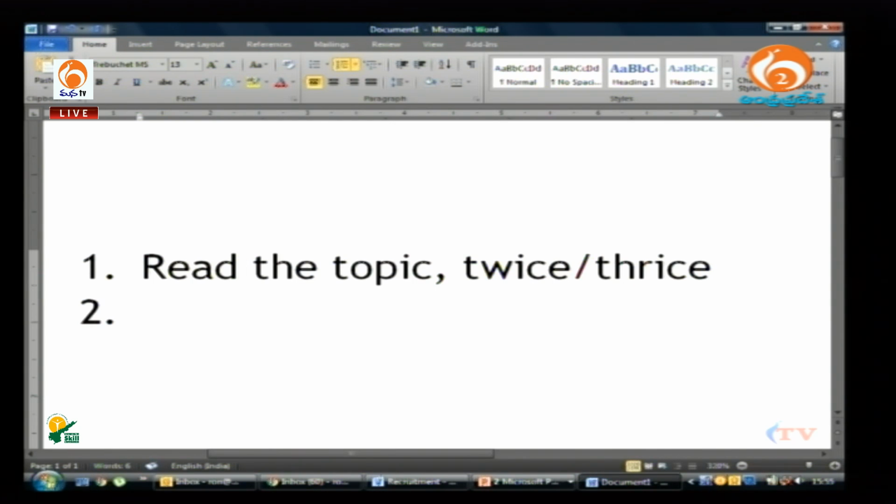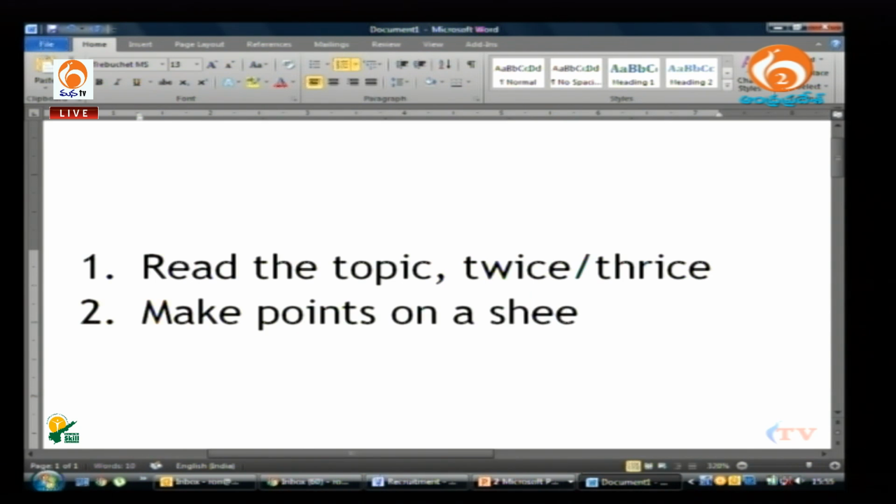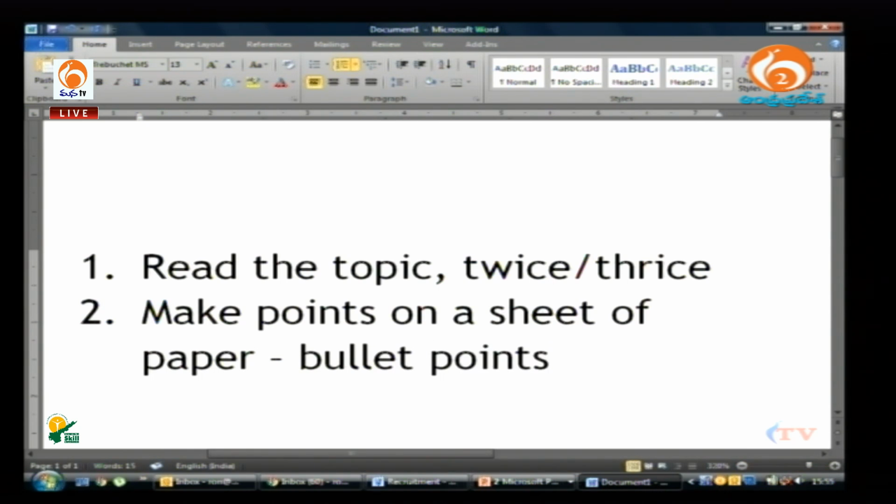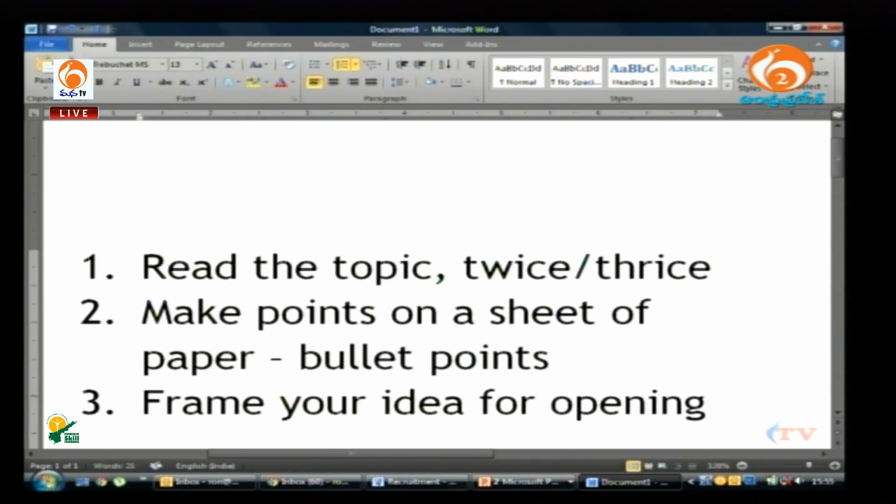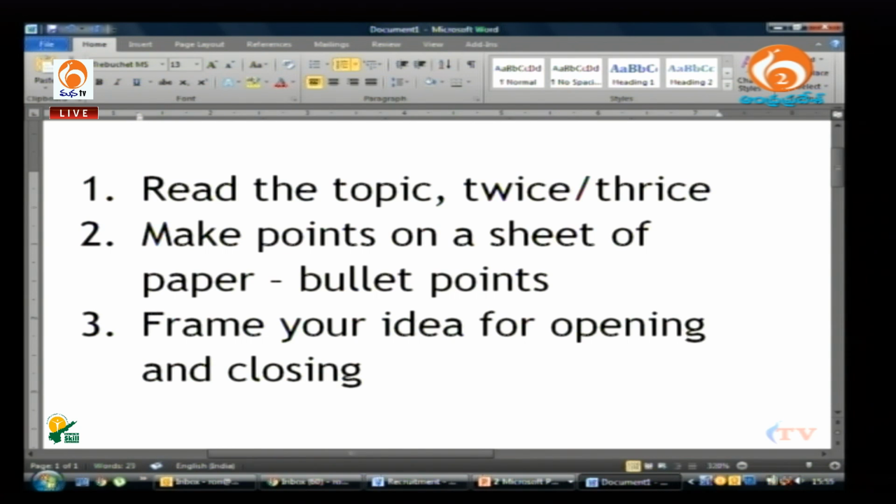Number 2, make points on a sheet of paper, carry a pen, paper, make points like bullet points. Frame your idea for opening and closing paragraph.